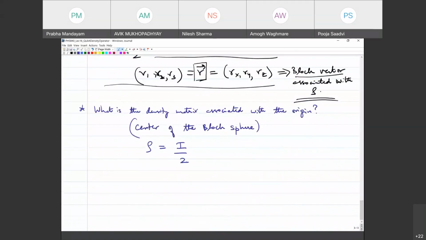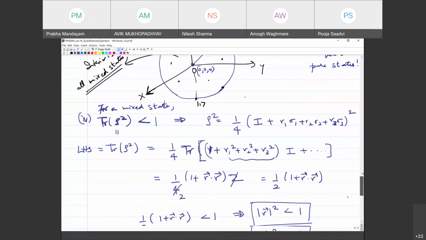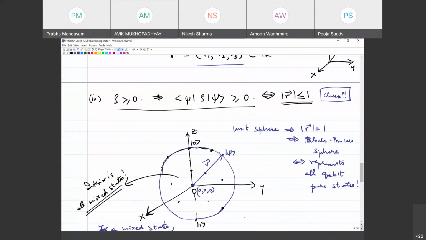And this state, so the idea is that the surface holds pure states, and the interior are mixed states. As you go from the surface down to the interior, you start getting more and more mixed, right? As you go further and further inside, your states are getting more and more mixed, which means they have lesser and lesser purity, right?